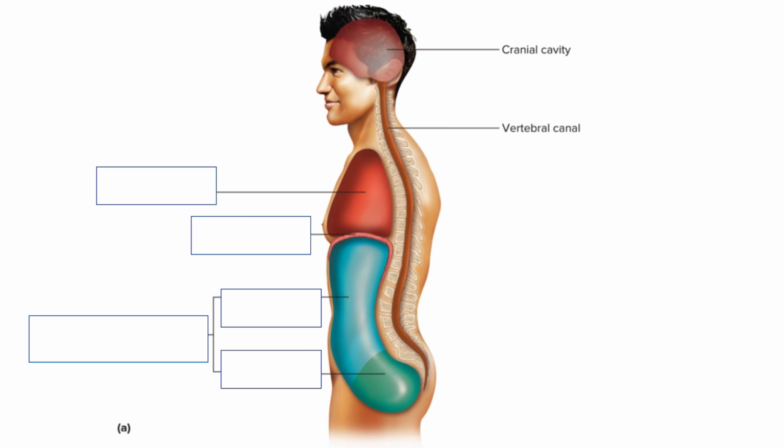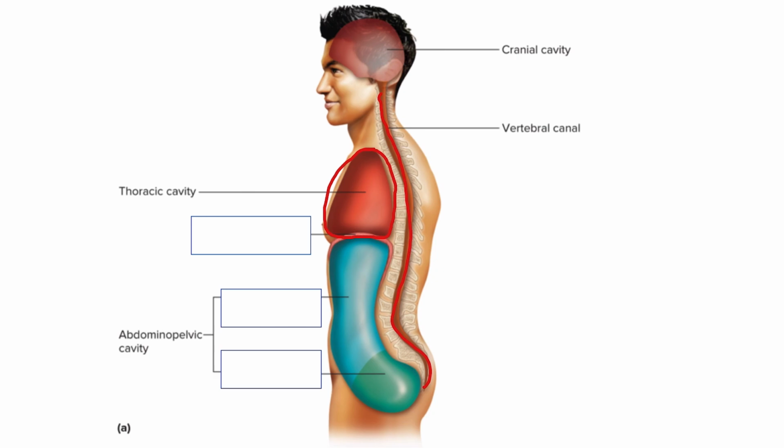Then we have the vertebral canal, which houses the spinal cord, right here. We have the thoracic cavity, so the chest area. We have the abdominopelvic cavity, which would be all the areas below that.